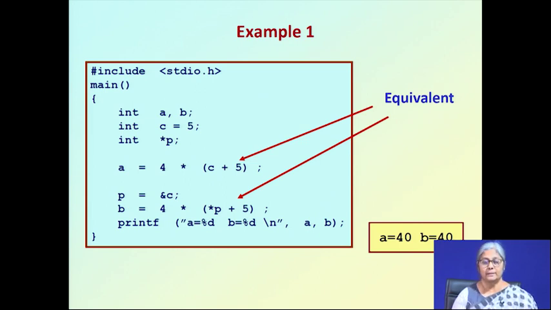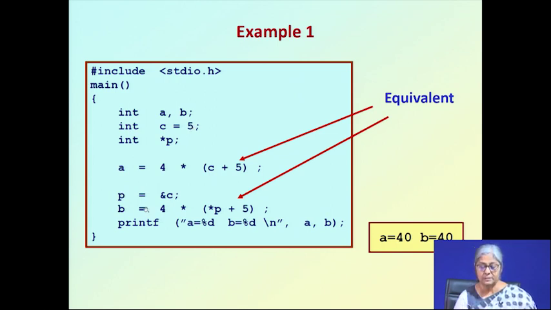Two different ways I can access. One directly: a, b and c equal to 5, and one pointer p. So a equal to 4 plus c plus 5, c equal to 5, so it will give you 5 plus 5, 10, times 4, 40. Now I can assign p equal to &c. That means p is pointing to the variable c, so *p has the same value 5.